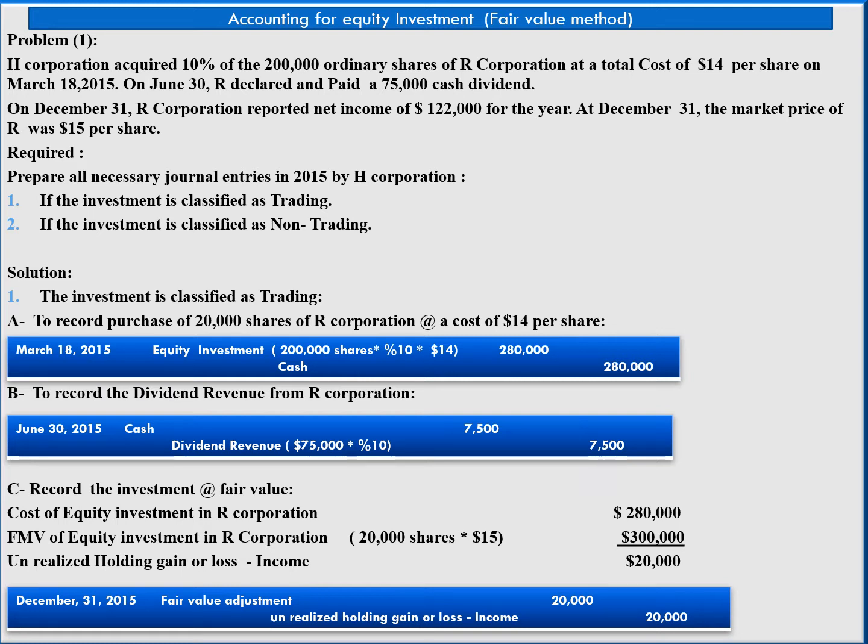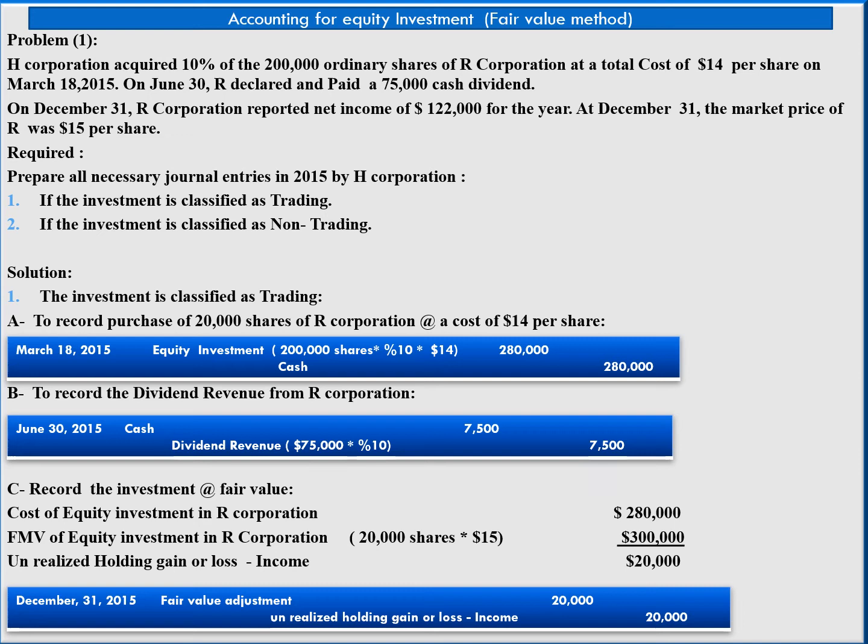B: record the dividend revenue from R Corporation. The problem says on June 30, R, the investee, declared and paid $75,000 cash dividend. R Corporation declared and distributed profits of $75,000. In this case, H Corporation will record the dividend received as revenue.